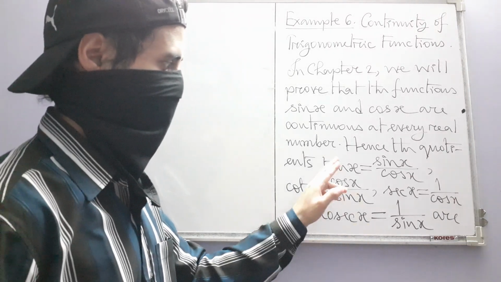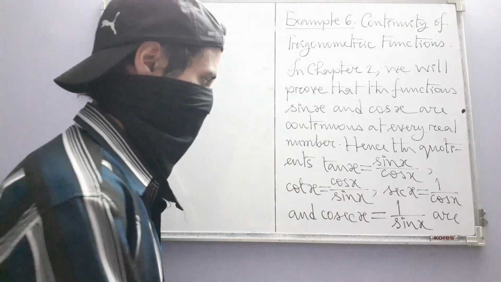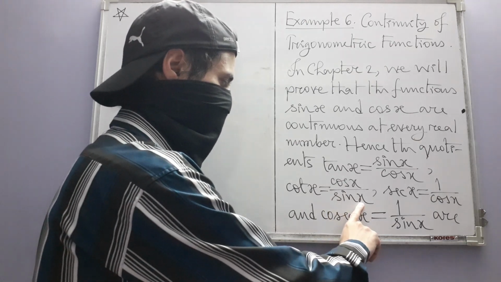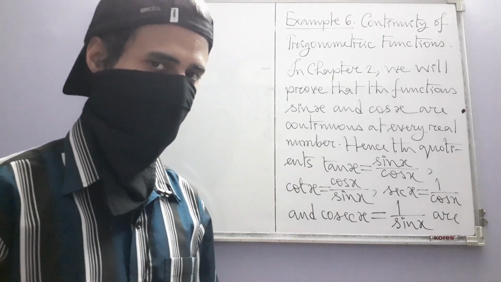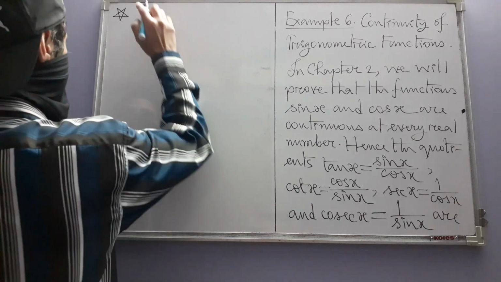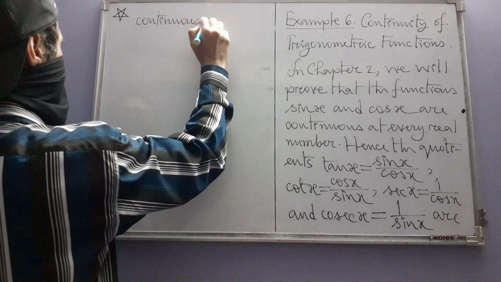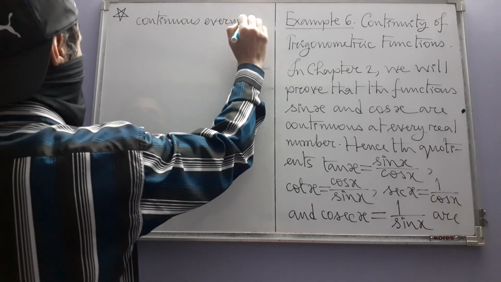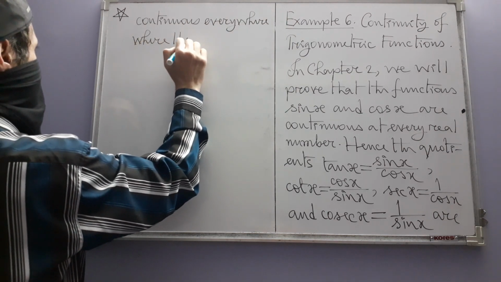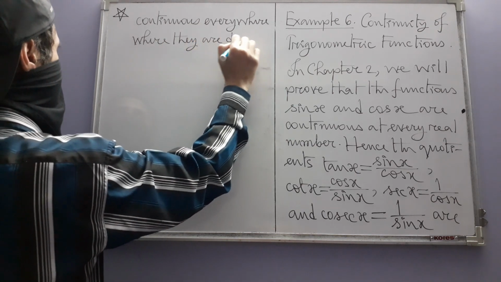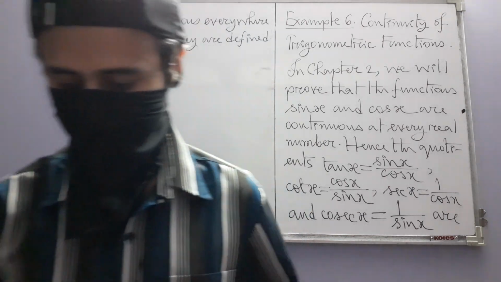Everywhere else, tan x and secant x are continuous. Similarly, except at the integer multiples of pi, cot x and cosecant x are continuous everywhere else, where they are defined, that is where they have values.